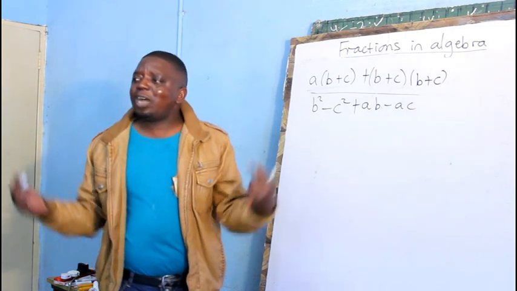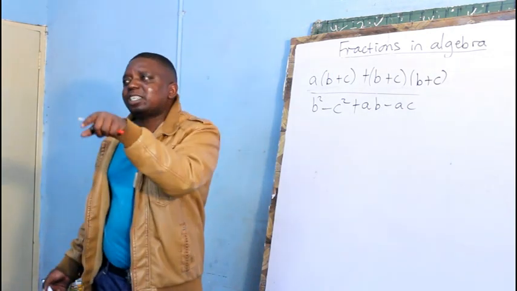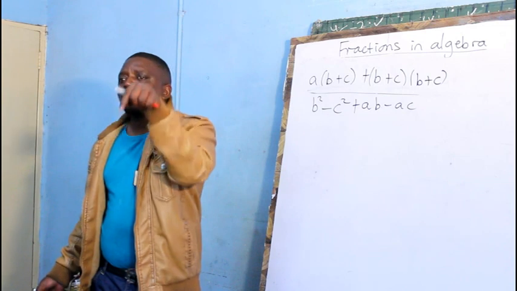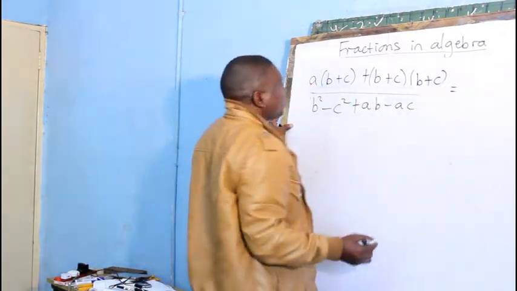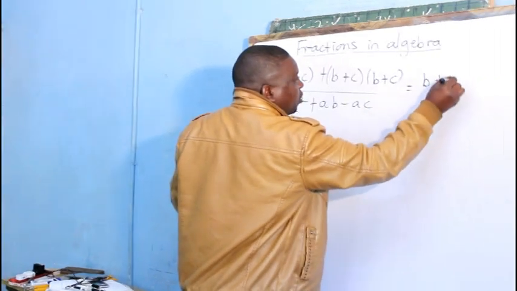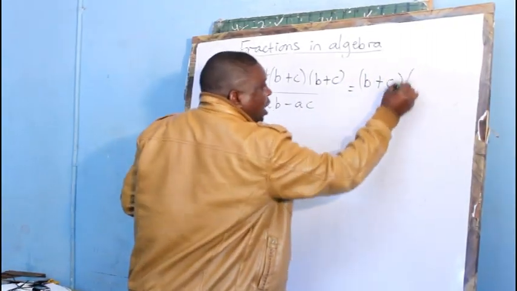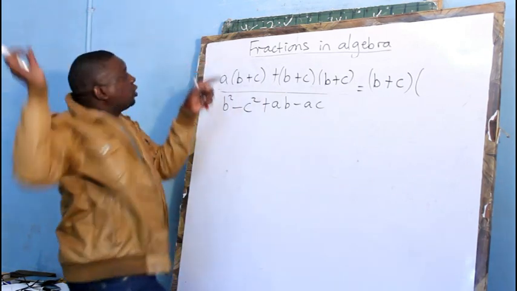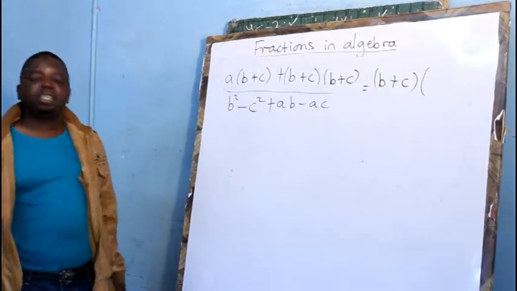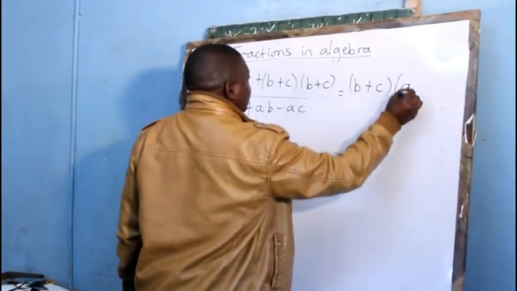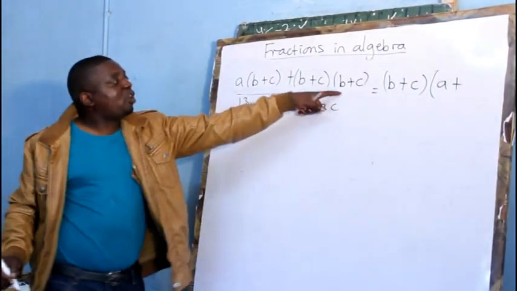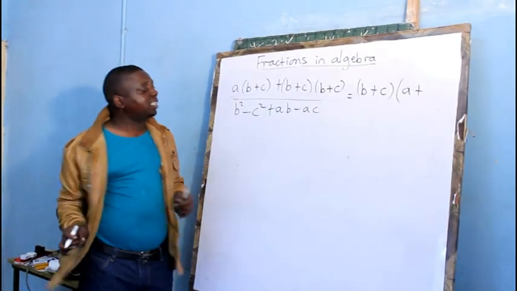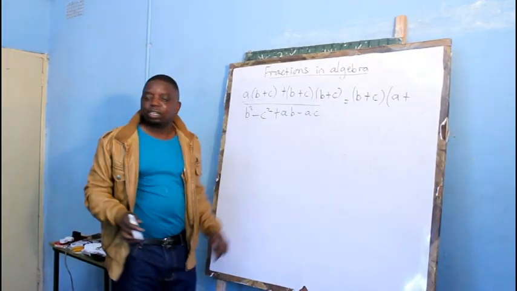We factor out the highest common factor. So what is the highest common factor? I'll factor out b plus c in brackets. When we factor out b plus c, we are left with a, and a plus sign. What are we left with? b plus c.